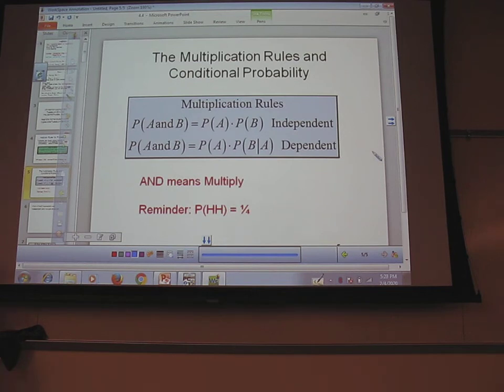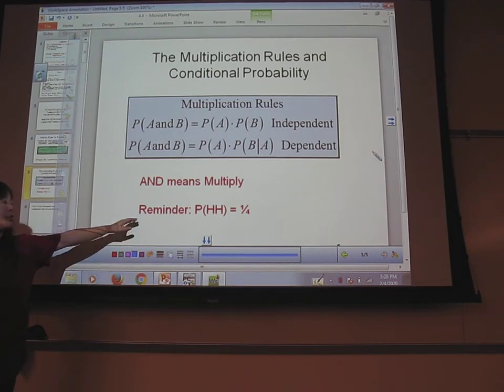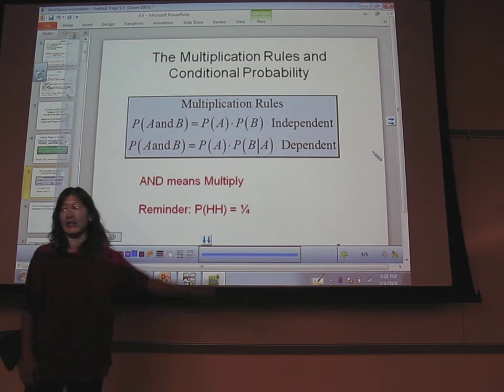Great. So again, and means multiply. Everybody say that? And means multiply. Because you have to pass this, you have to be in both. This one and that one has to happen. Both have to happen. So you can think back to the reminder, like the probability that you flip a heads and a heads.